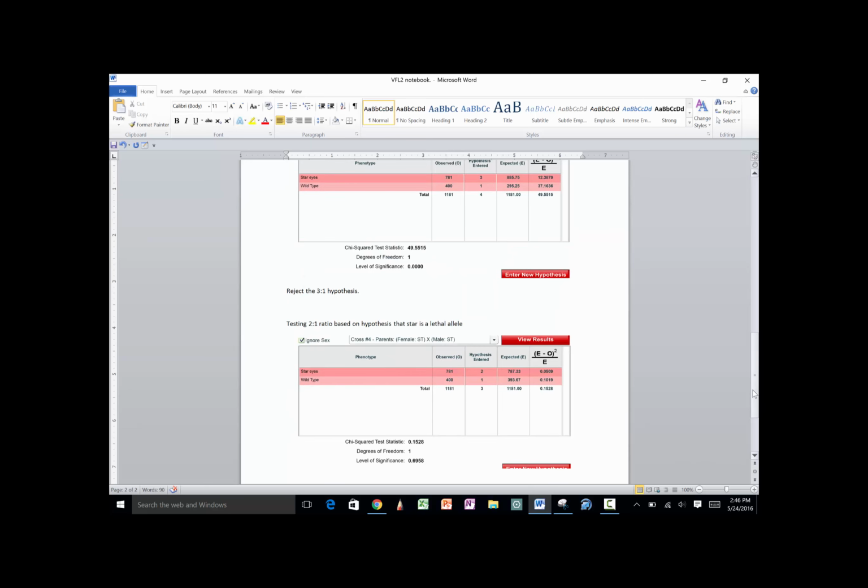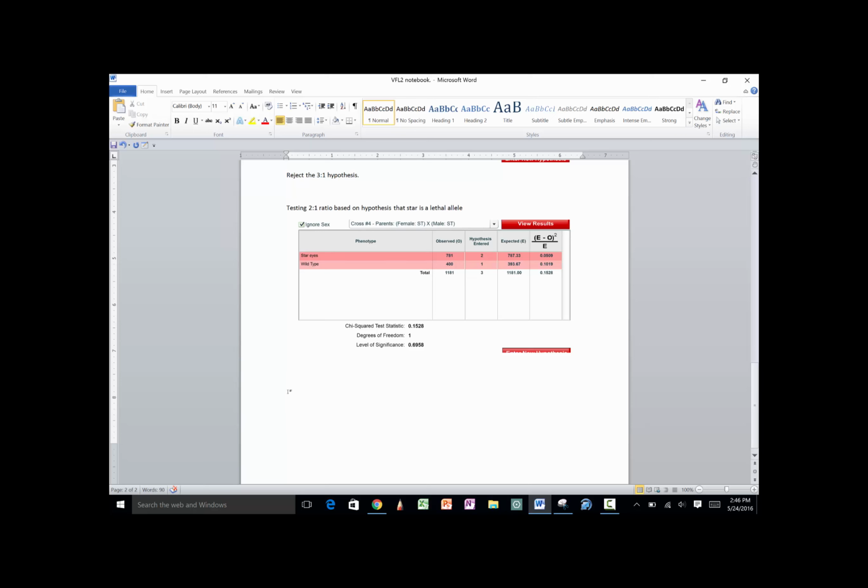All right, so we accept that hypothesis. So now what we're saying is when we take star crossed to star, we get 2 star to 1 wild type.